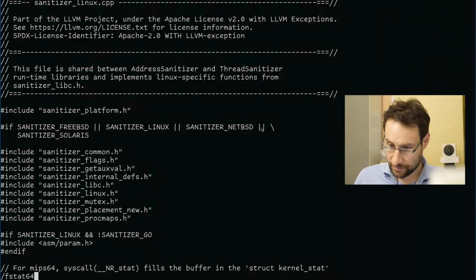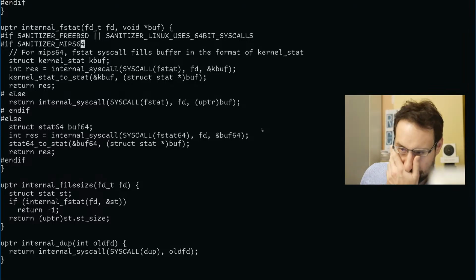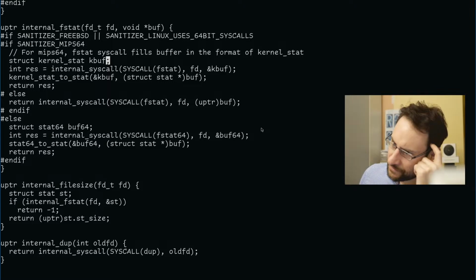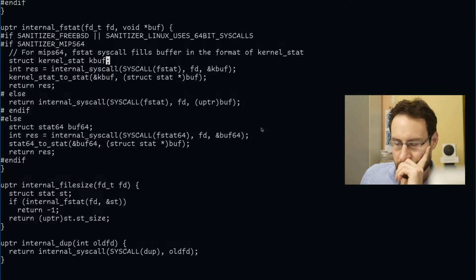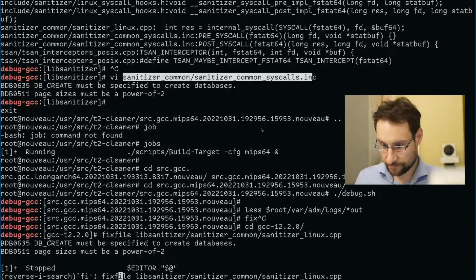Fstat 64. Oh, here's MIPS 64 for 5. MIPS 64 else. MIPS 64 fstat syscall fills the buffer in the format of the kernels. So which line precisely was it?